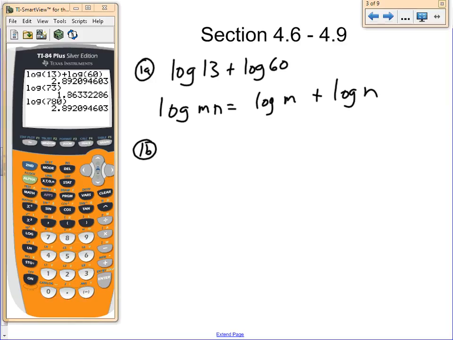When we went through this one, we talked about being down in front. So I have 1/5 log base 5 of 16 minus 3 times log base 5 of x, and then plus 4 times log base 5 of y.